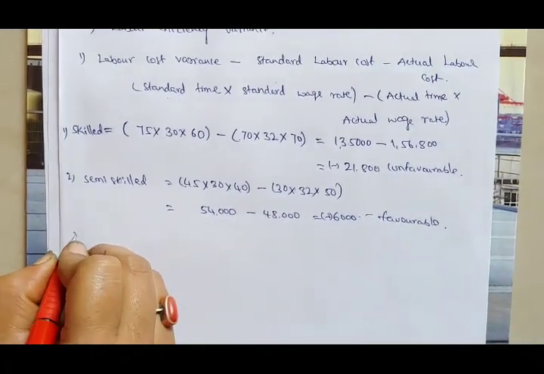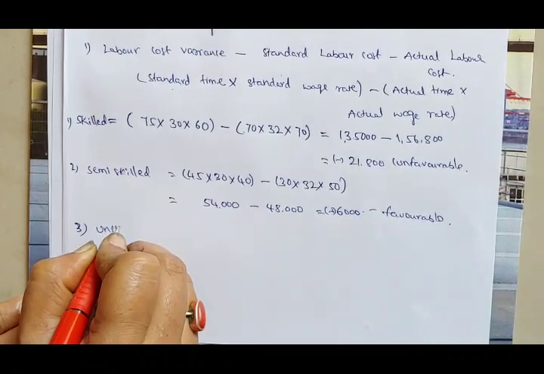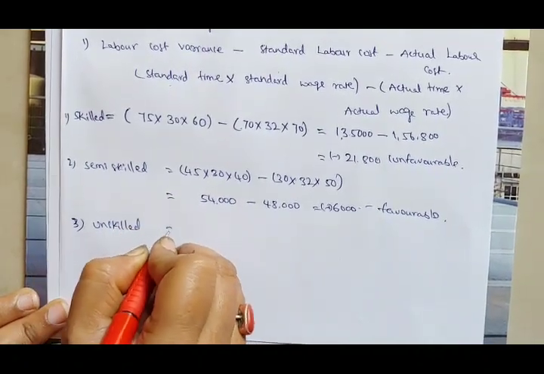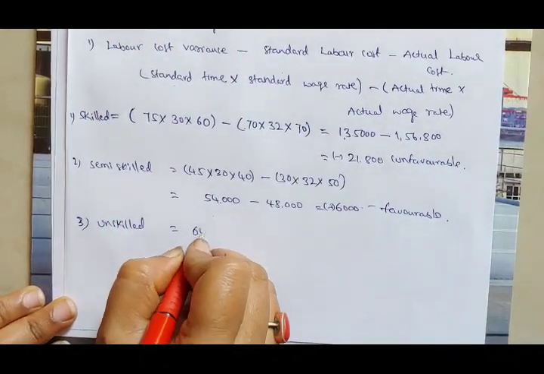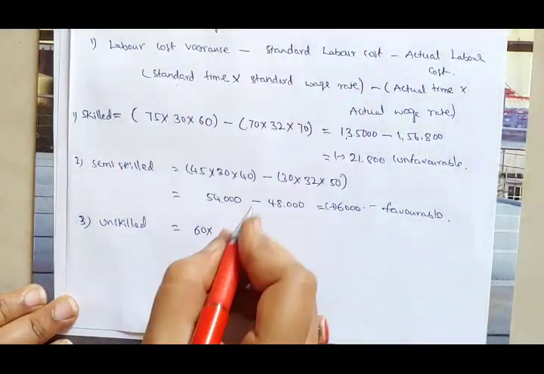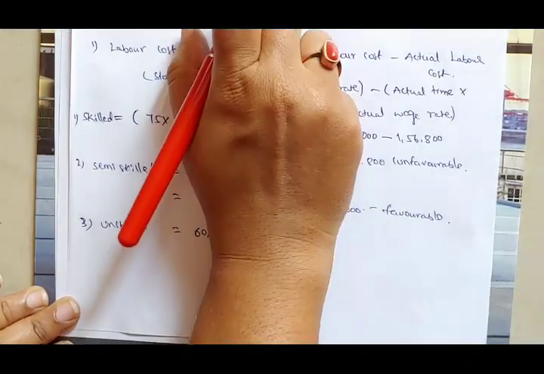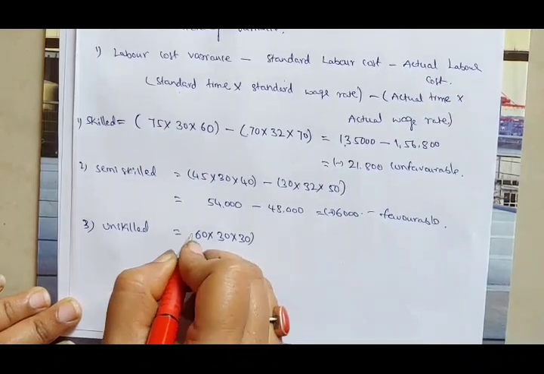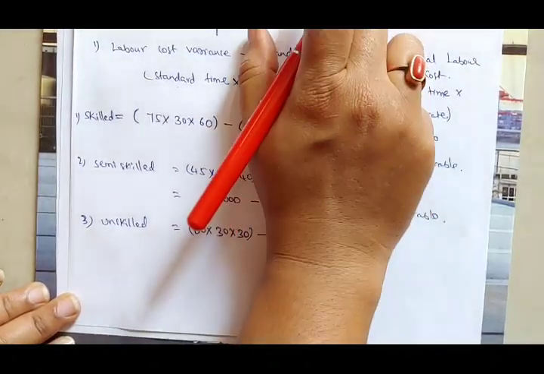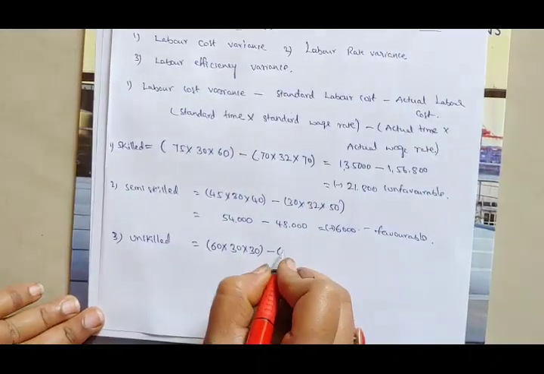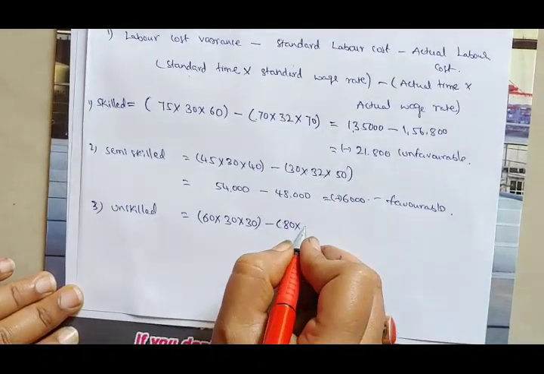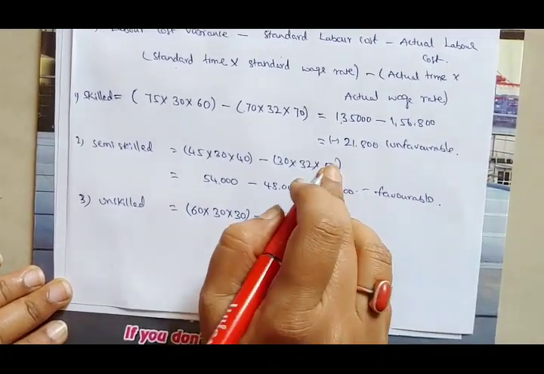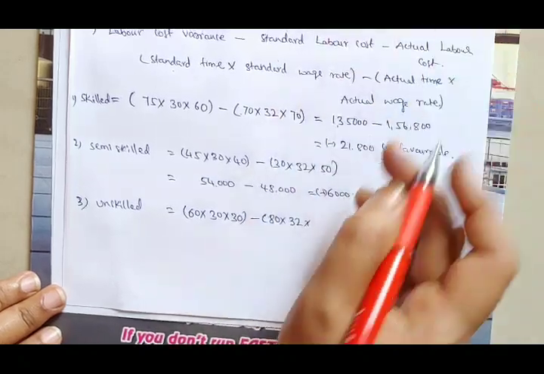And next we have to calculate unskilled. It is equal to number of workers 60 into 30 weeks into standard wage rate of 30 rupees, minus actual members 80 into 32 actual weeks, and the wage rate is 20 rupees.